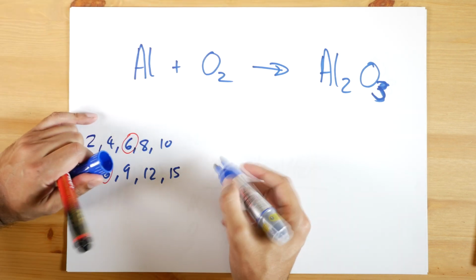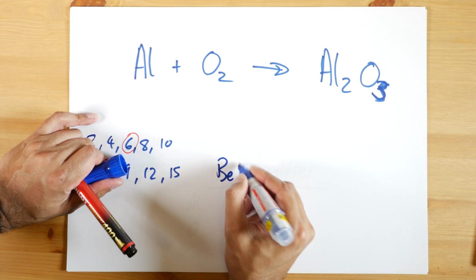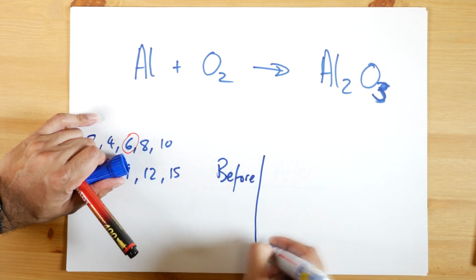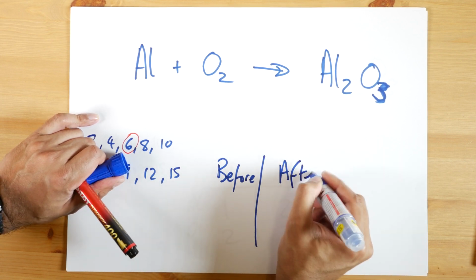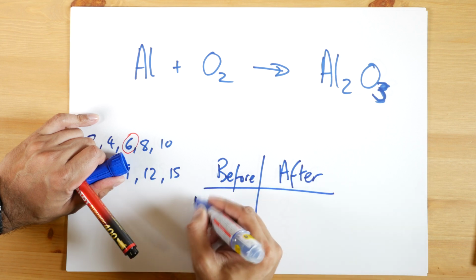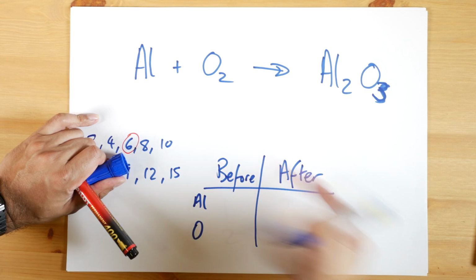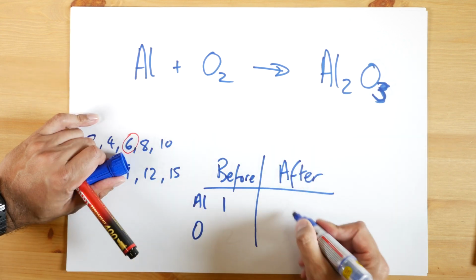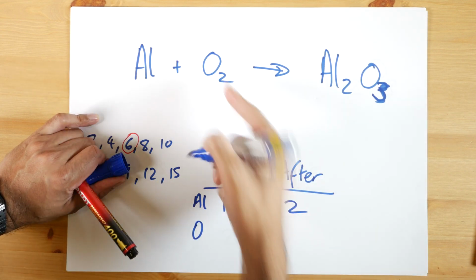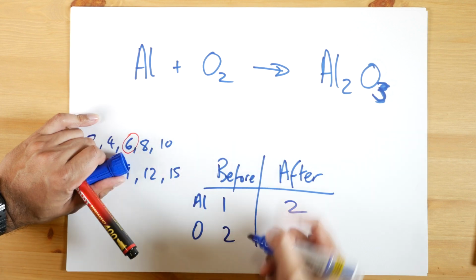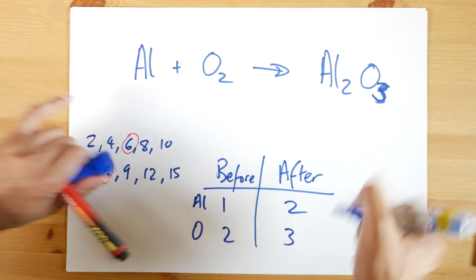So as before, we've got to do a before and after, and we've got to write out our atoms, Al and O. So before we've got 1, after we've got 2. Before we've got 2 oxygens. After we've got 3 oxygens.